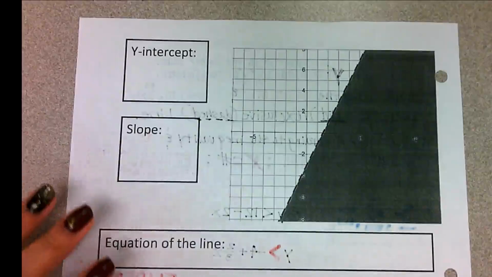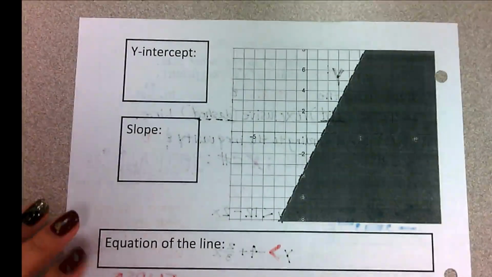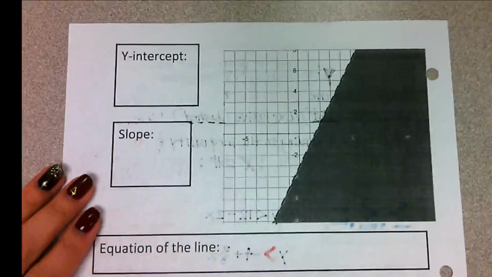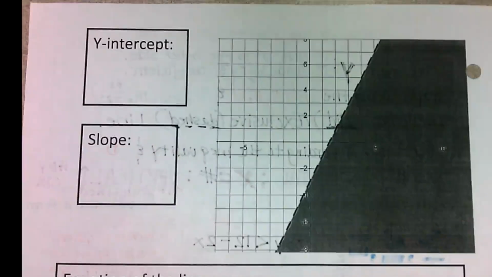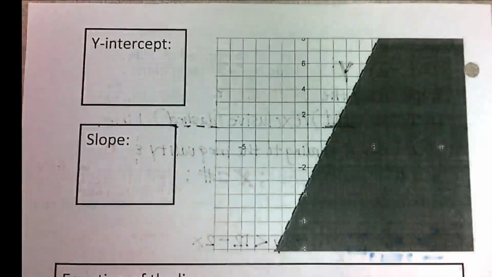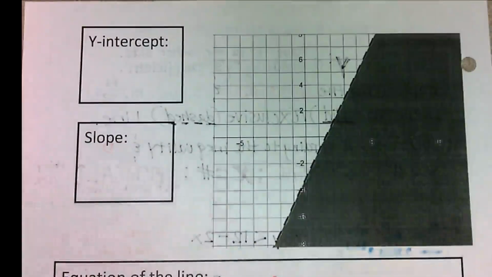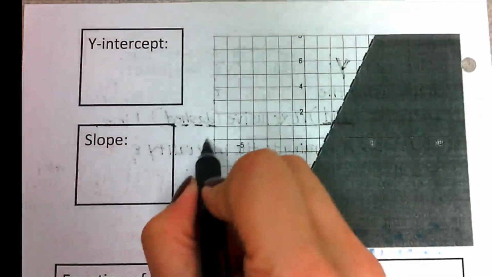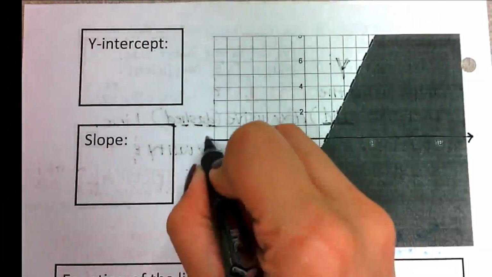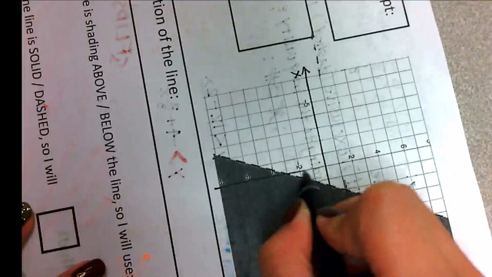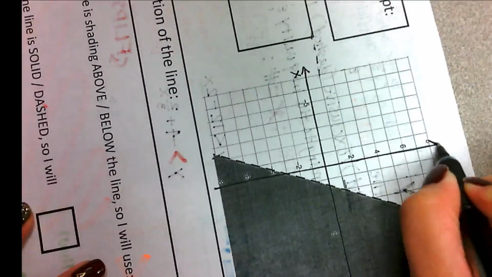Now, this is a little dark, so hopefully you'll be able to decipher these numbers here. First and foremost, let's identify our y-intercept. Let's darken up my x-axis and label that, and my y-axis right there.